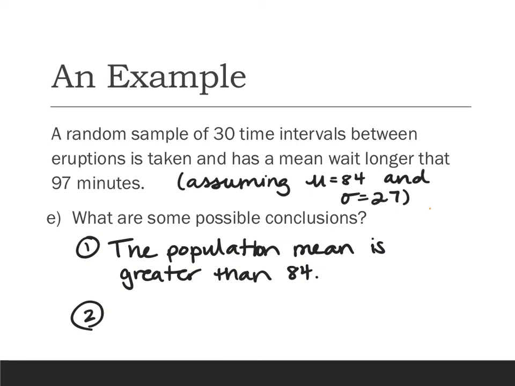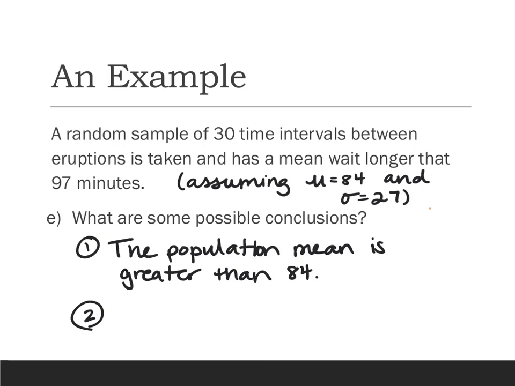Hopefully by now we know samples vary. That's just one thing that we've been talking about from the very beginning. Just because I roll a die 10 times, I could roll a die 10 more times, and I'm probably not going to get the exact same result. So samples can vary.